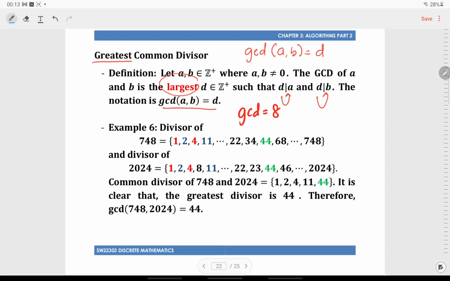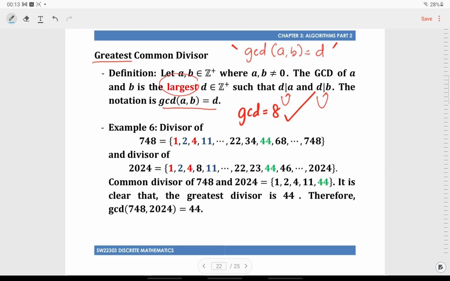This is incomplete notation because we don't know the GCD of what. So you need to write it completely: the GCD of two numbers a and b equals d, then you get the full marks for this question. Make sure you use the correct notation as your final answer.